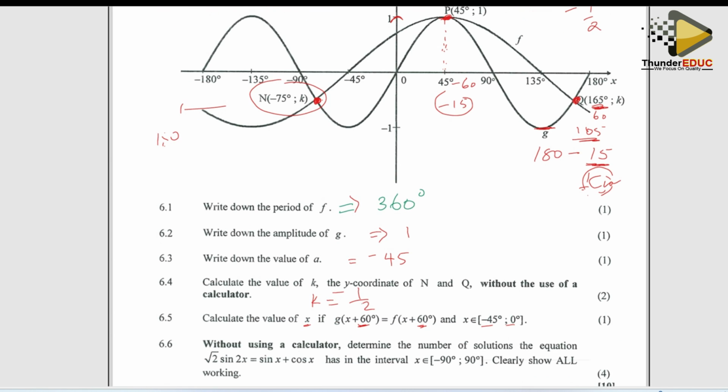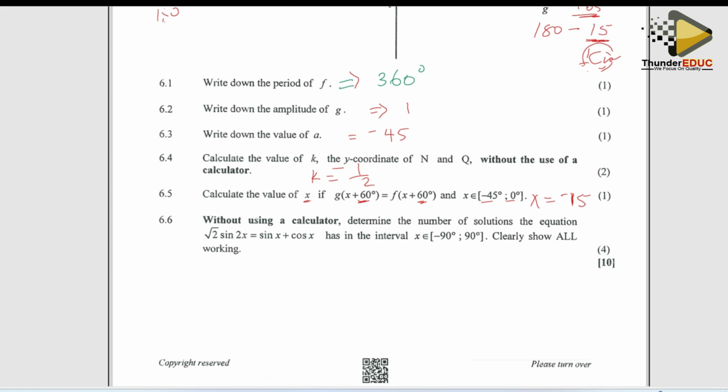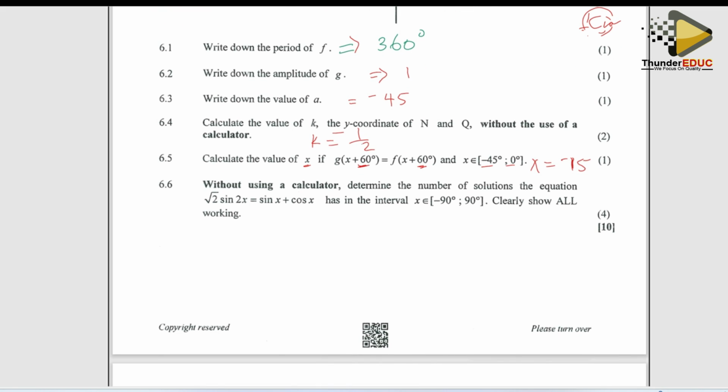But since they want the answer between negative 45 and that, our answer is just going to be negative 15. X is negative 15.